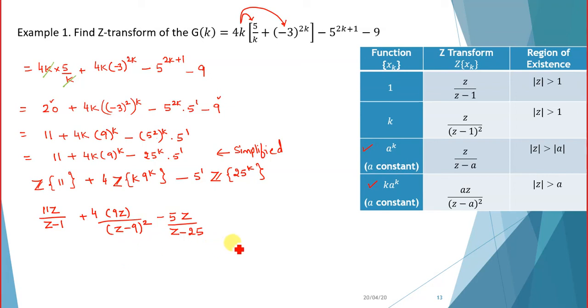So this will give you 11z over z minus 1 plus 36z over z minus 9 whole squared, minus 5z over z minus 25. This completes the solution. So this is the question which is testing all the rules together.